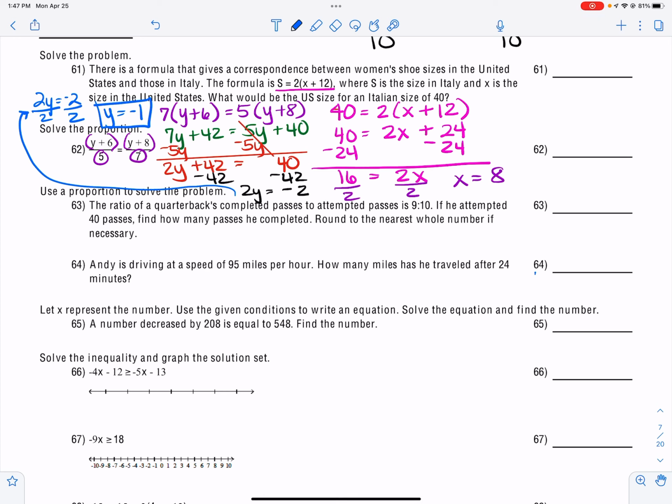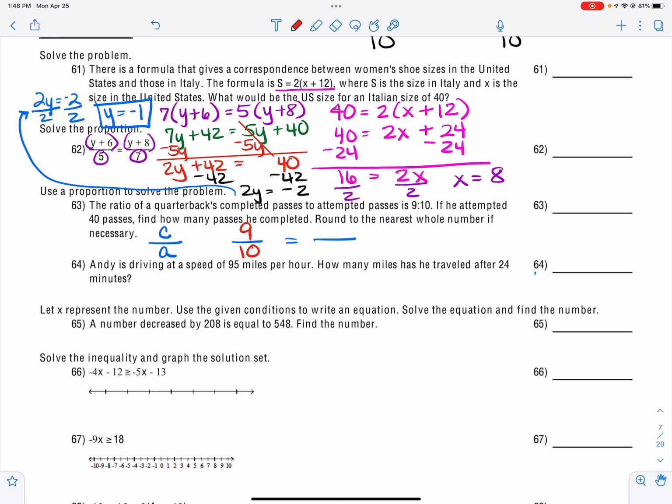Now, when we're writing up word problems for proportions, the thing I told you that you should do is write the things that you're comparing in words first. So you're comparing completed passes over attempted passes. And then you're going to fill in your ratio. So the first ratio is given to you as 9 out of 10. Every 10 attempts, 9 passes were completed.